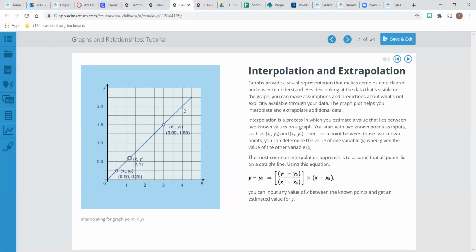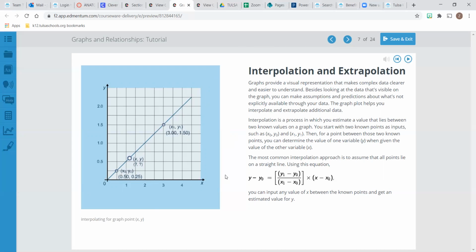If you want to extrapolate, you have to go above and beyond, extra. So if you know these points, but you don't know any points past this point, think of that as extra, additional. So you're going to have to extrapolate. You're going to have to use what you know to find out what you don't know.